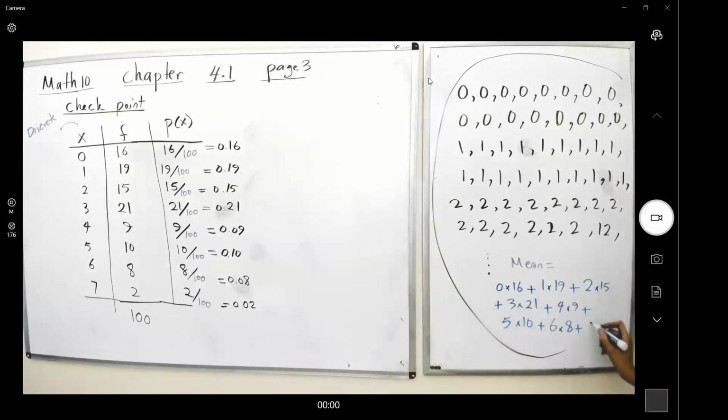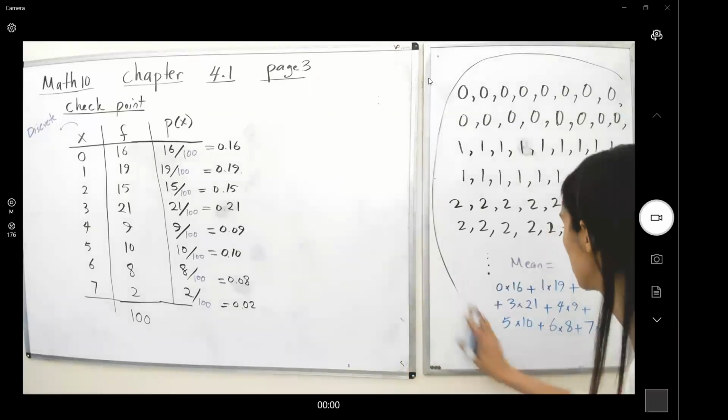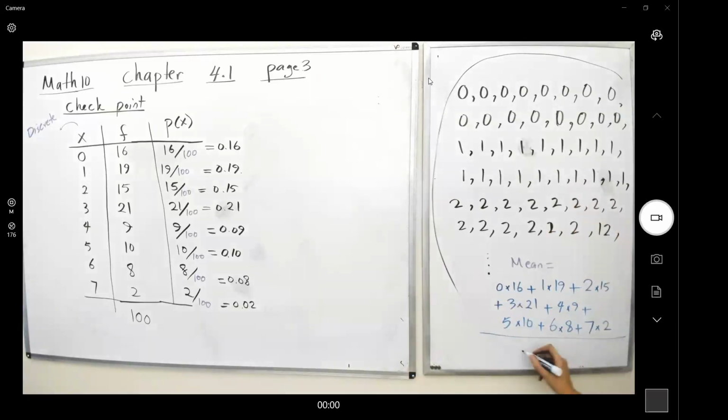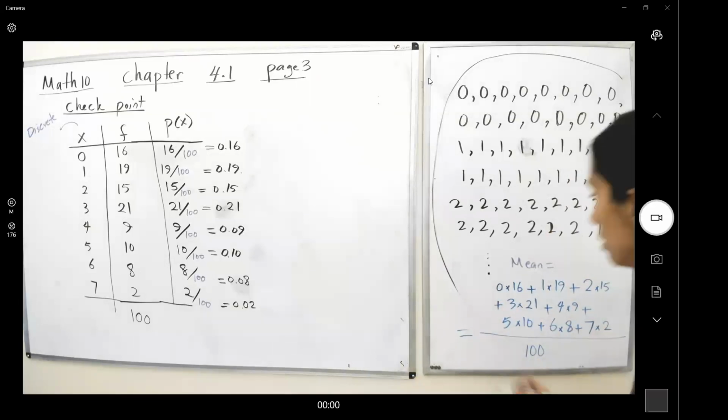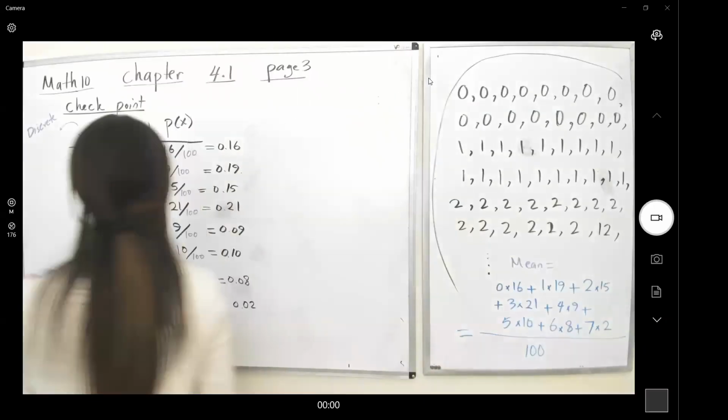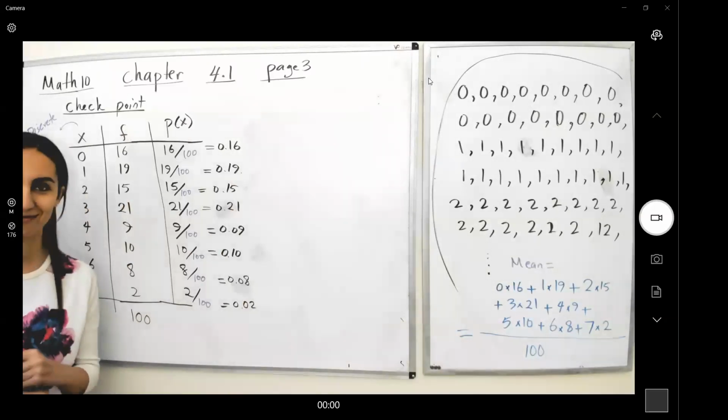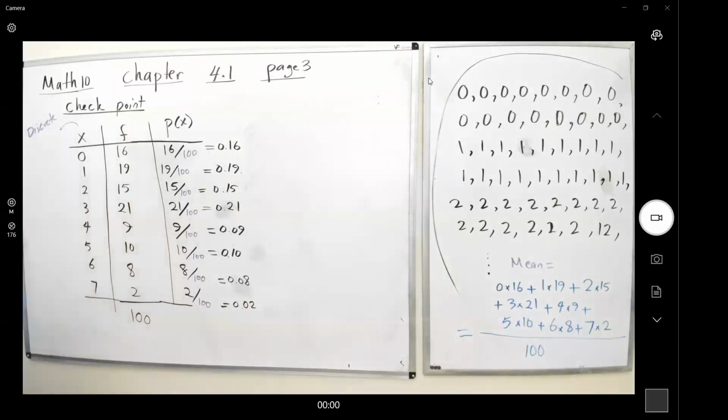So we're going to add all of the data that we have and then divide it by 100. Okay, do the calculation for me to find the mean here. What would be the mean of your collection?